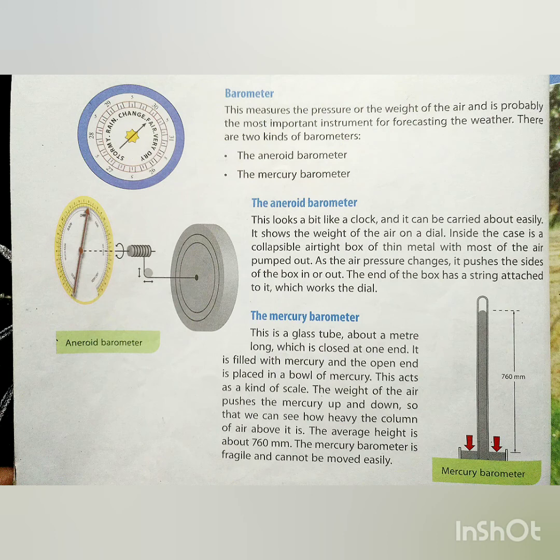So students, these were some of the devices which are used to measure the temperature, the air pressure, the wind or the rain. These devices are used to measure the weather, which helps us in our daily lives. It also helps us in weather forecasting, according to which many decisions can be taken. For example, farmers use weather forecasting to plant their crops accordingly.